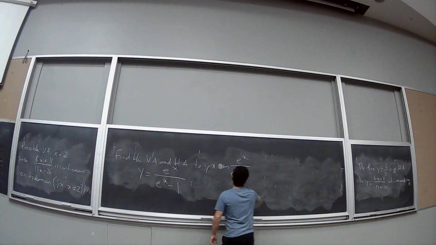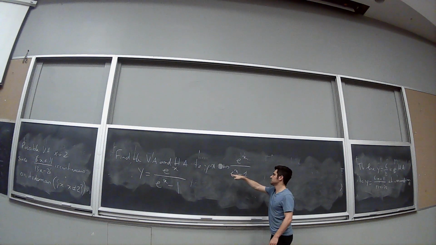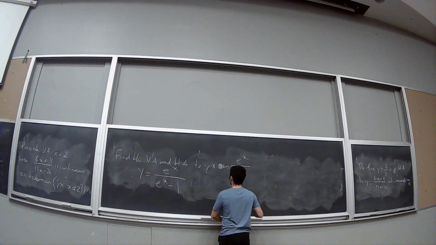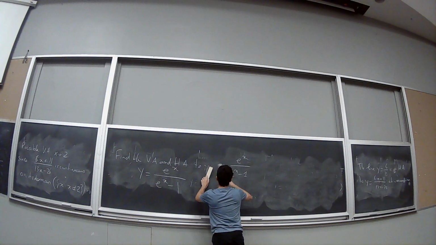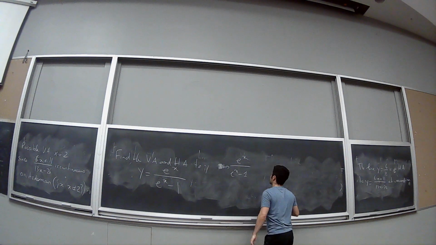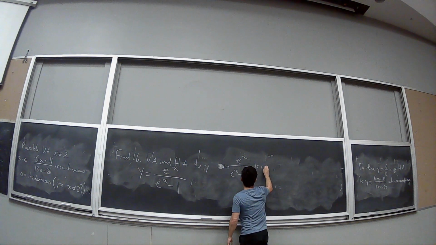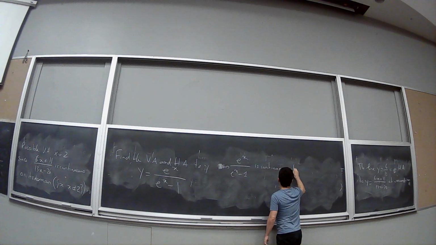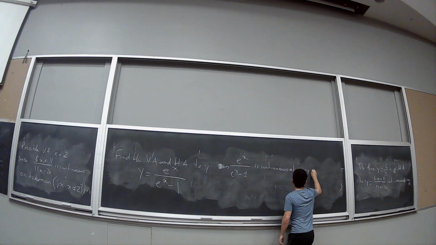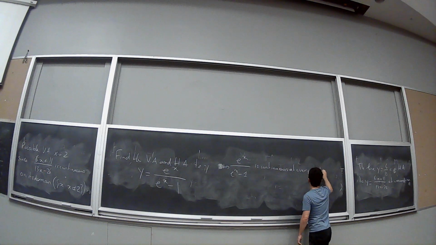x over e to the x minus 1. This means the function is continuous at every number in its domain.